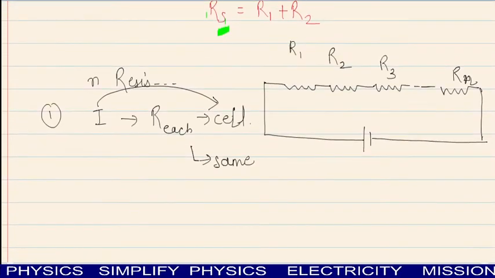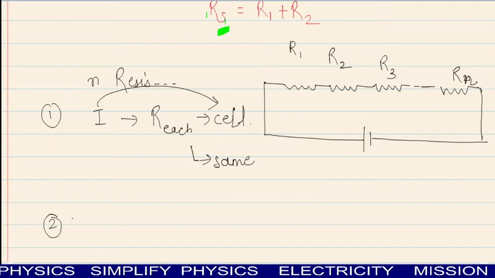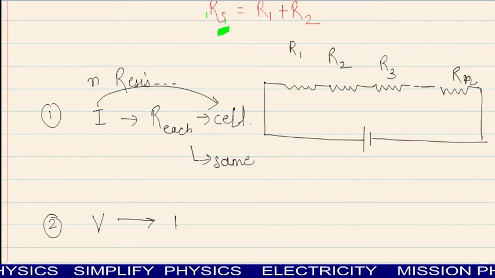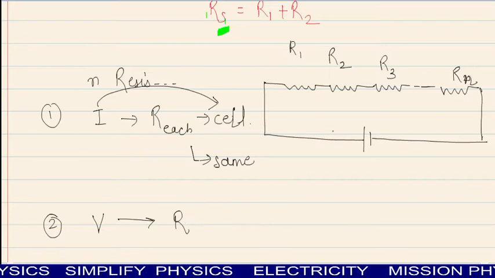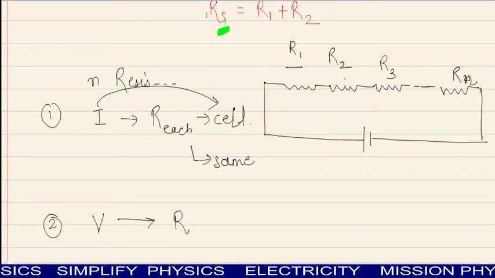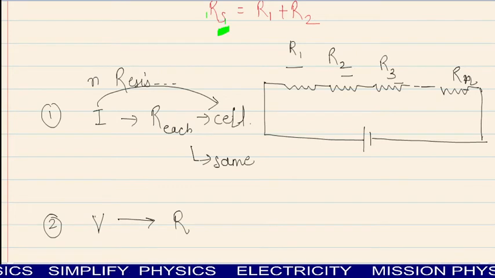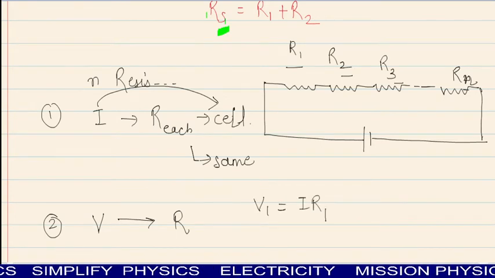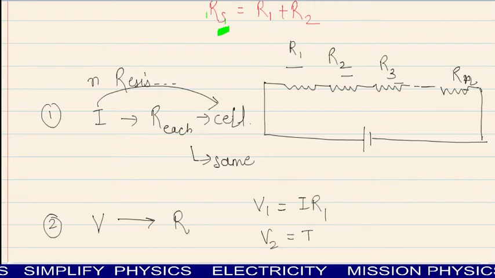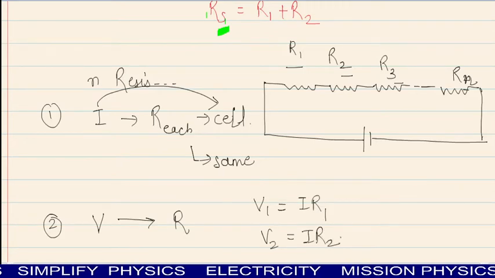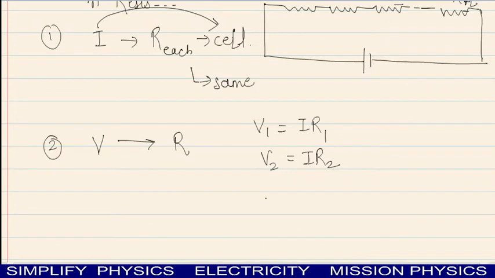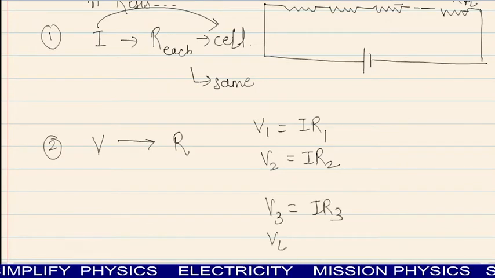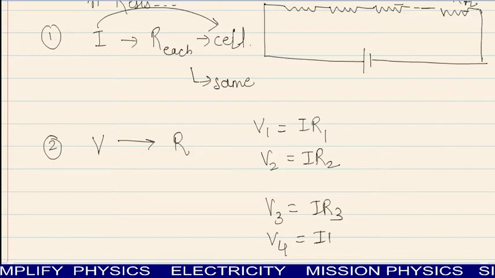Second point आता है आपके पास कि potential difference will be depending on the value of resistance. Over here we have taken different resistors, so the potential difference will be V1 equals I R1, V2 equals I R2, similarly V3 equals I R3 and V4 equals I R4.